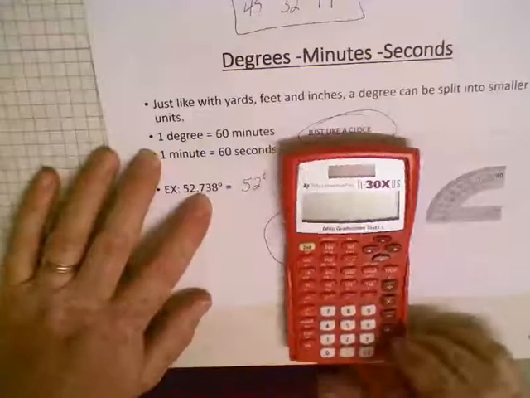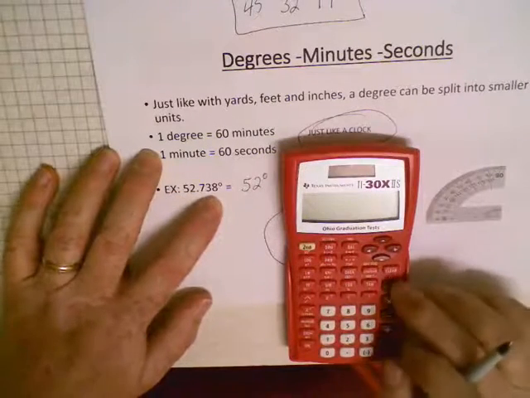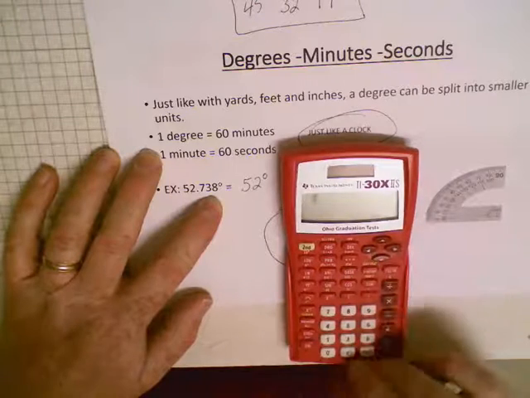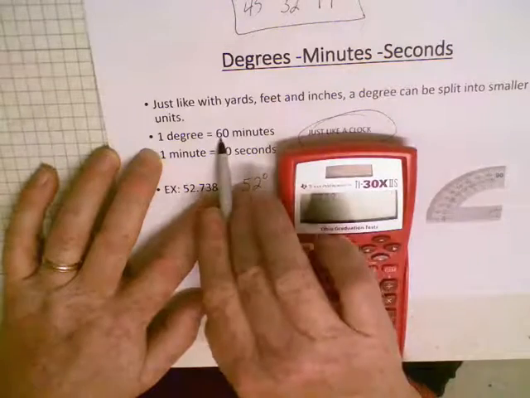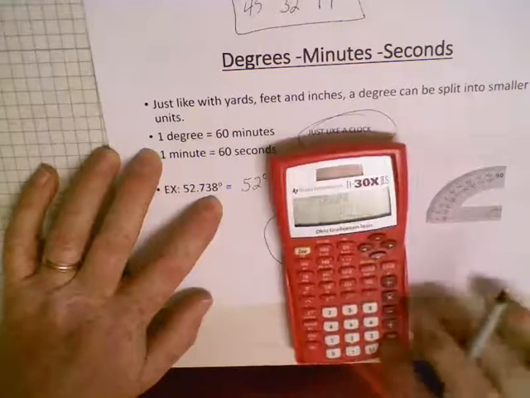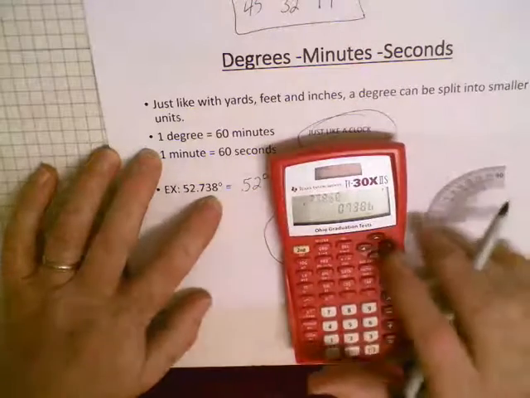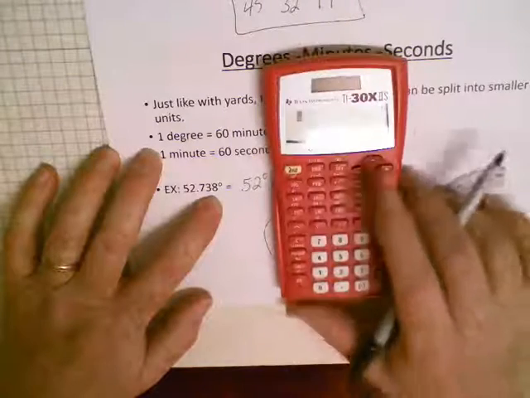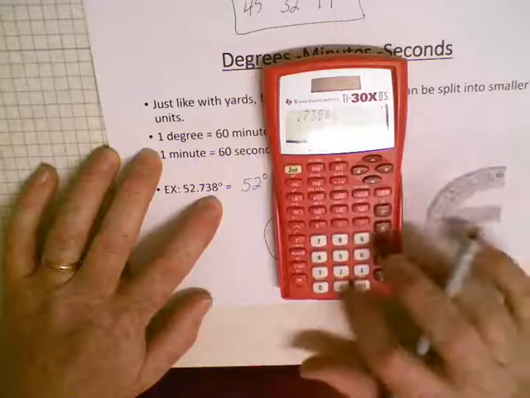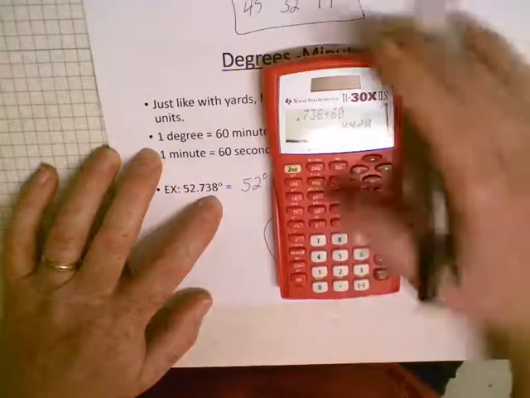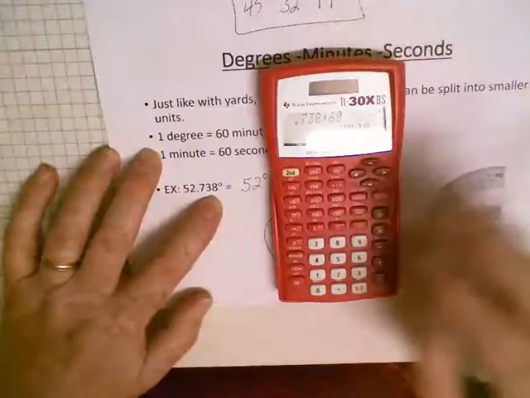So here it's 0.738. And times it by 60. If I could hit the right buttons. And I get 44.28.